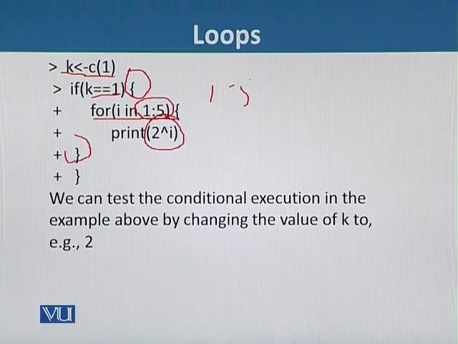Then the curly bracket closes for the for loop, and this is the curly bracket for the if loop. If k is not equal to 1, then the if loop will not proceed further, and it will stop here. We can also test the condition, because we have set the condition that k should be equal to 1. We can change the condition and use k equal to 2, and then proceed further.